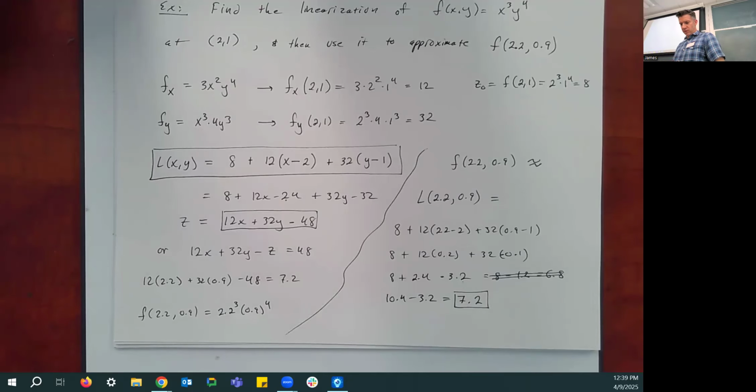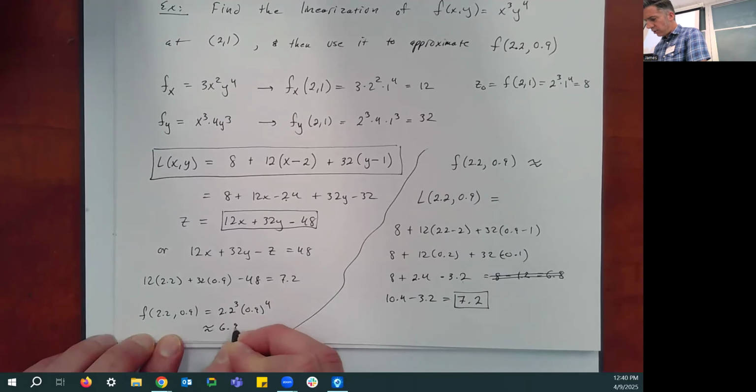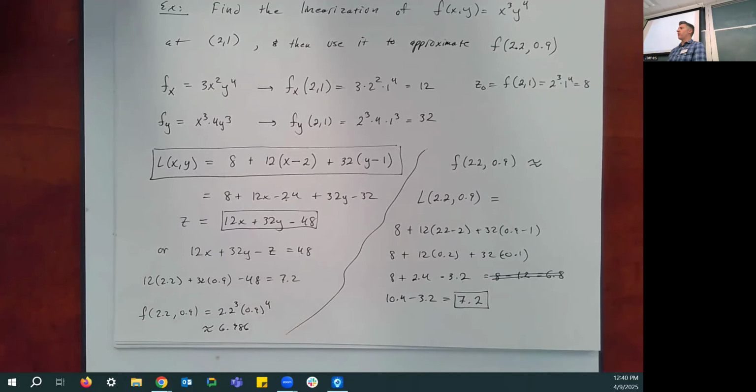So 2.2 to the third times 0.9 to the fourth gives us a value of 6.986 approximately. So not too bad. We're not too far away from 7.2, or not too far from the right answer with our estimate of 7.2.